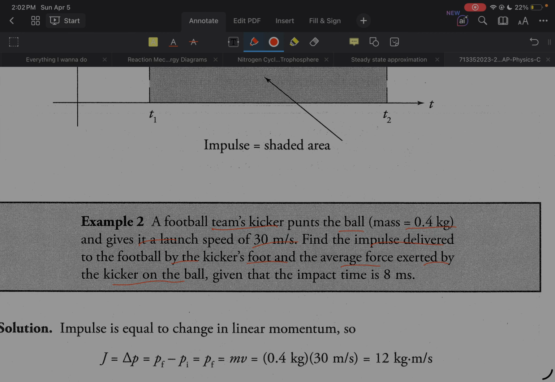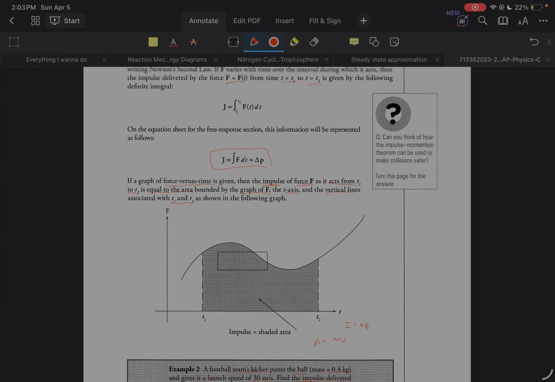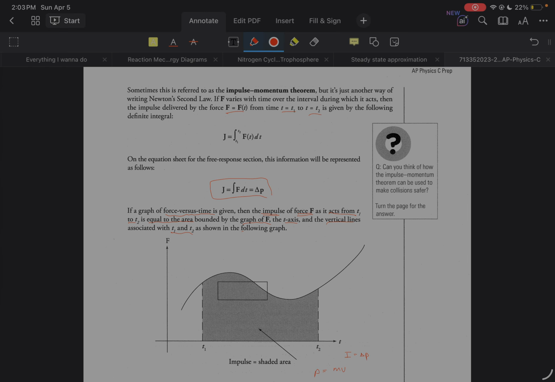So we know the mass and the launch speed. The impulse is equal to mass times velocity, the change in momentum. We're looking for the average force.